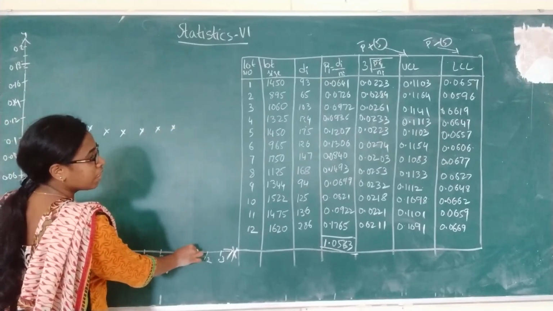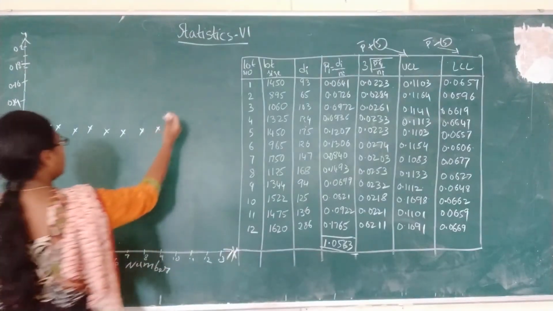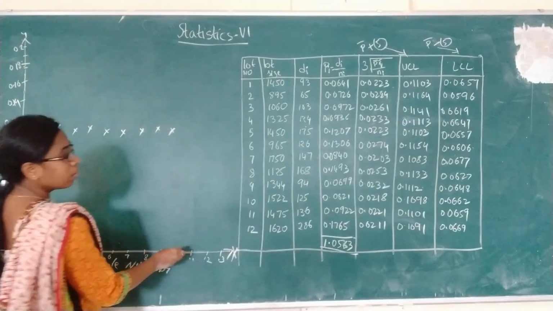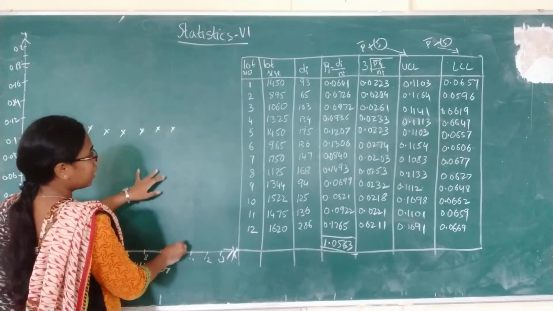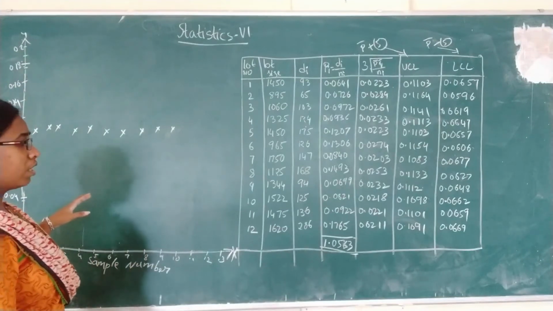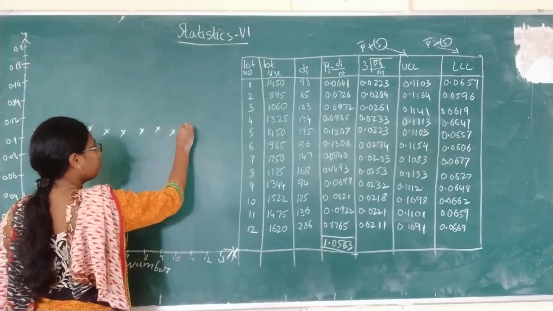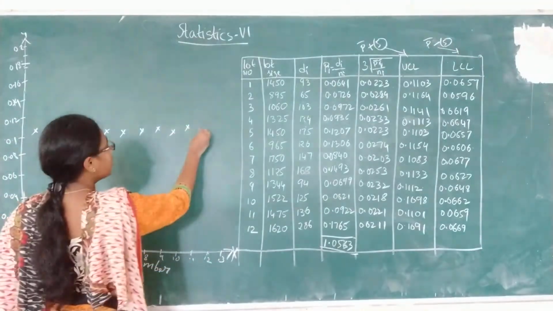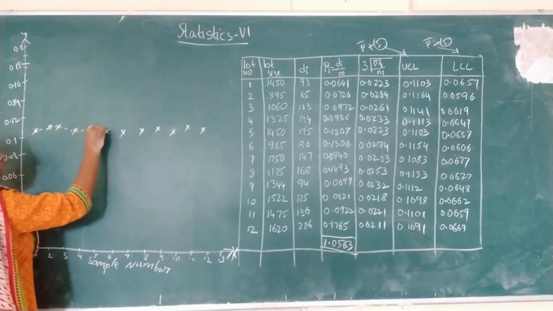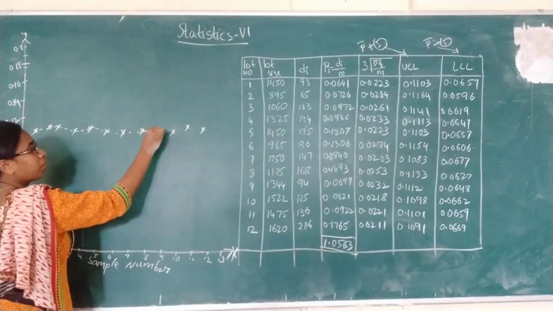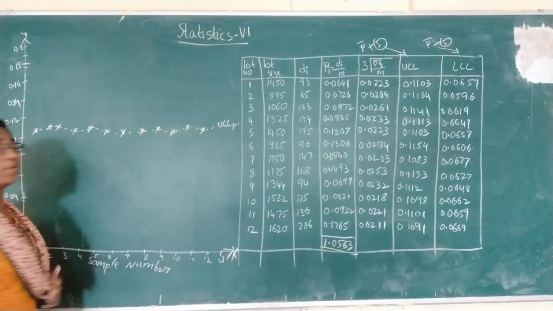Eleventh sample is 0.10, right? So this is the UCL for the P chart with varying sample size.